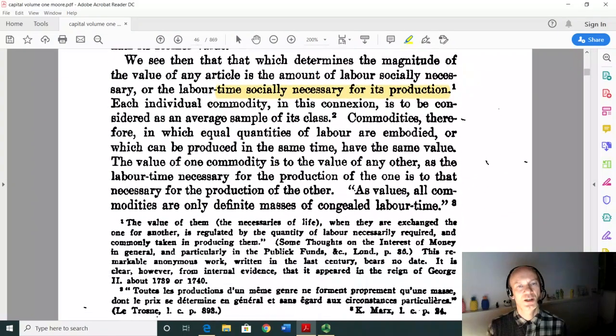Every commodity that is being sold is considered to be an average sample of its class, a certain class of cloth or whatever it may be, although as an individual thing produced by an individual producer, it might have actually taken much more time or much less time to make than the average would indicate. So things have the same value, etc.